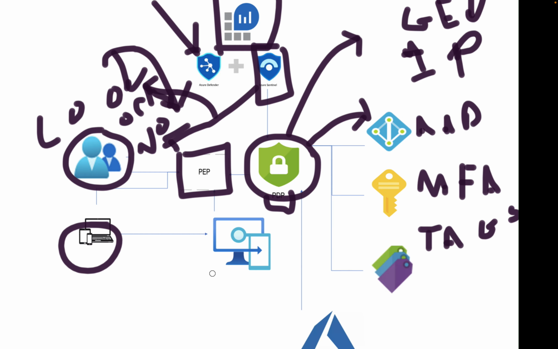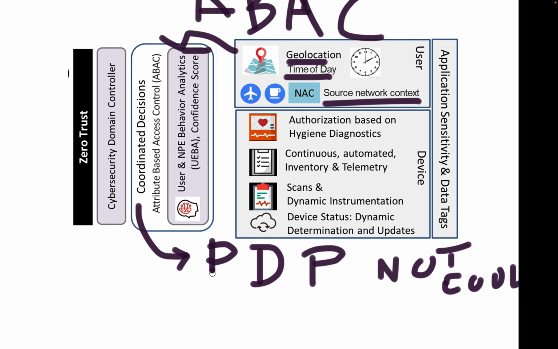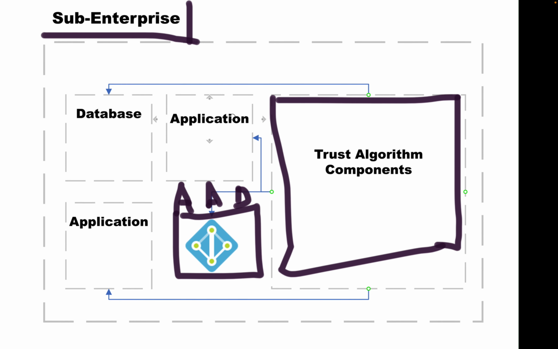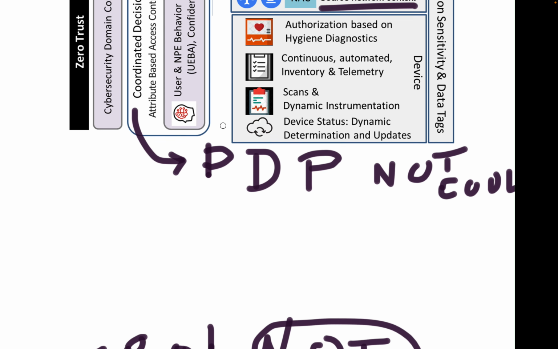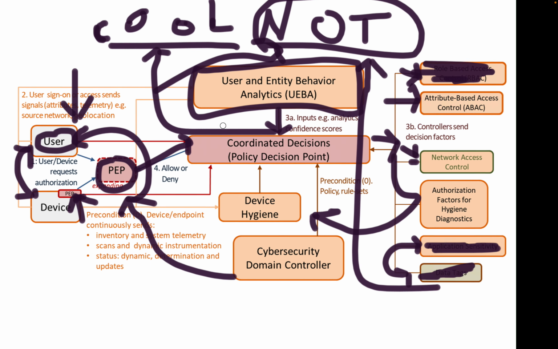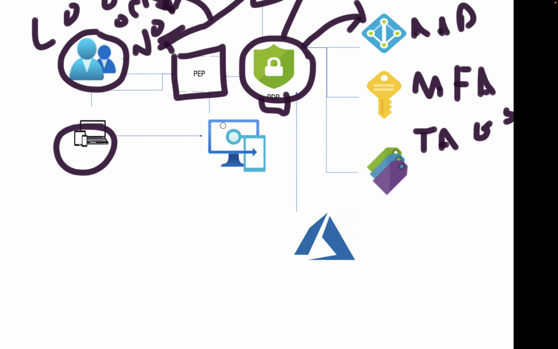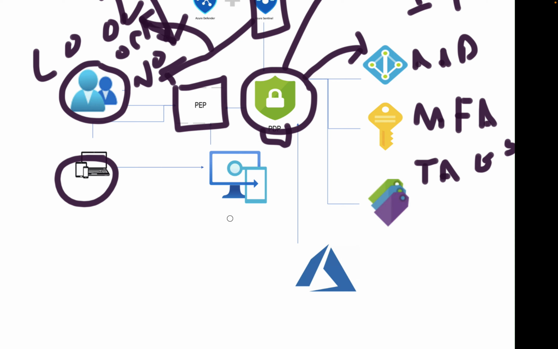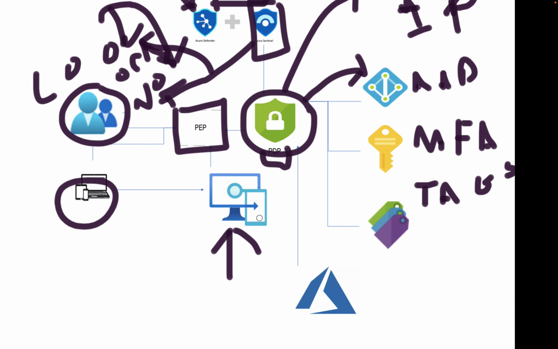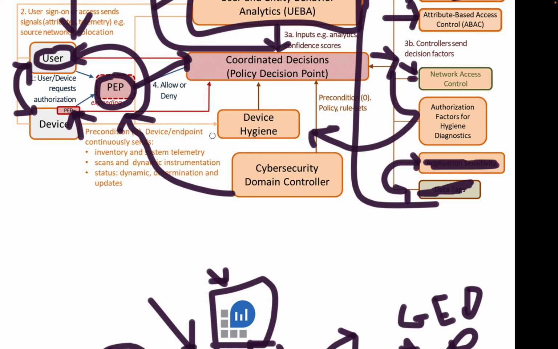When it comes to the sub enterprise, they could be trying to access data in this database that they don't particularly have the trust to access, but you know what? We'll tackle that later. We're not here to talk about applications, we're here to talk about user authentication. So for this piece, this is Microsoft Intune, and that's going to be taking on device hygiene.